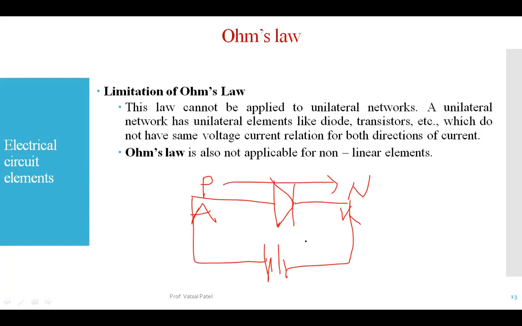But if I change the direction of the battery source over here, is the current flowing? If I change the polarity of the source, meaning the reverse bias condition, can the current flow through the diode? Yes or no?